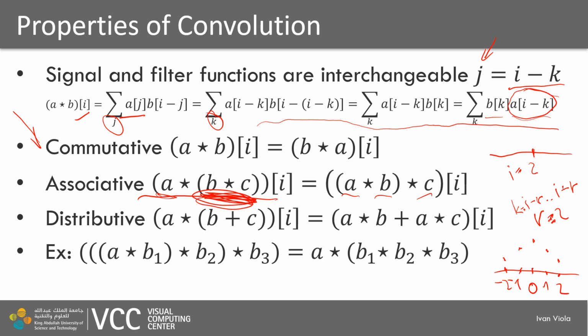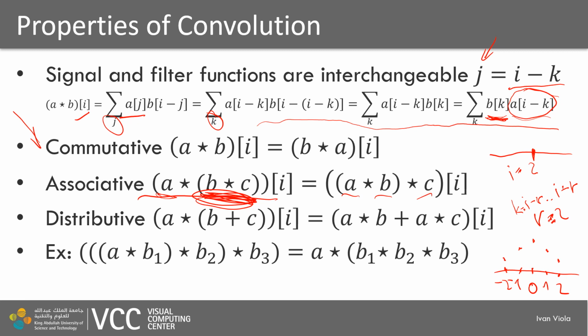Then if we perform the convolution according to this description, we have our input signal, where k at the beginning in this sum will be i minus r. So i is 2, minus r is 2, so it will be 0. So k will be 0, b_0 times the filter at i minus k.